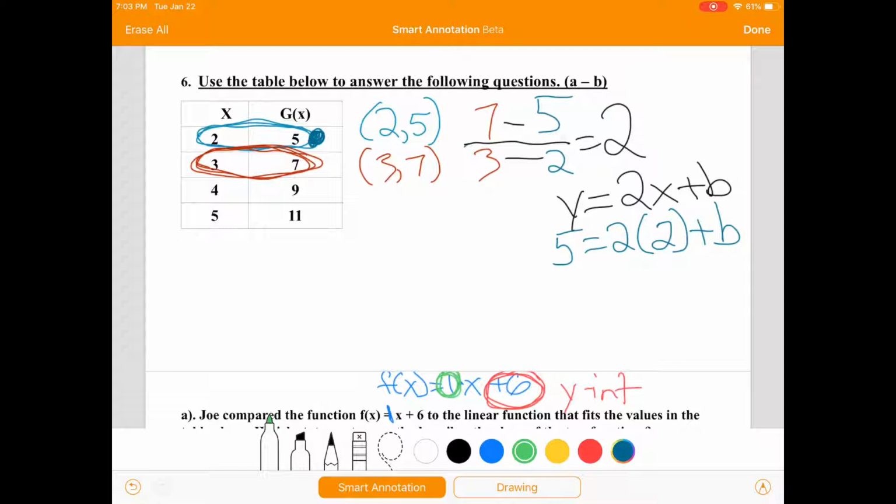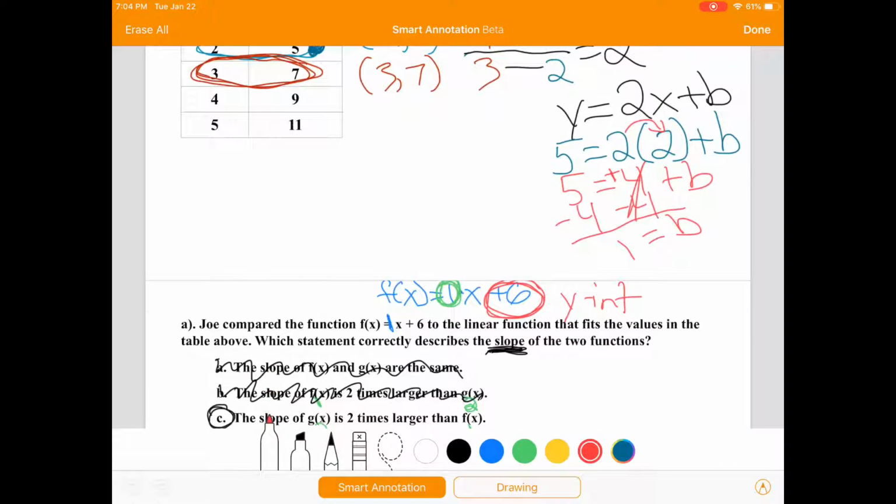So I distribute that 2 and get 5 equals 4 plus b. Because that 4 is positive, I'm going to subtract 4 from both sides. They mark out, and I get 1 equals b.